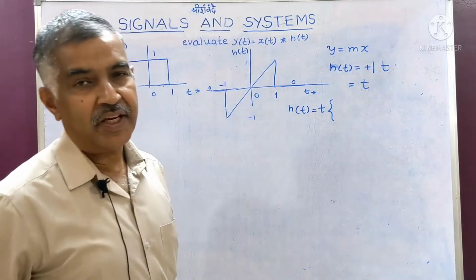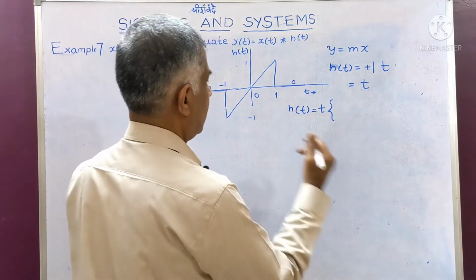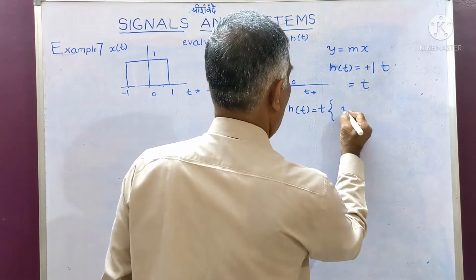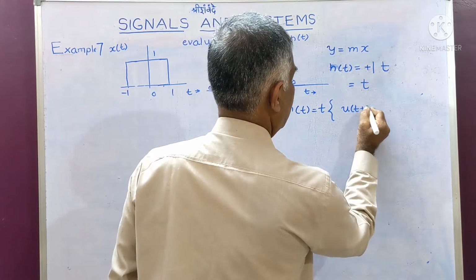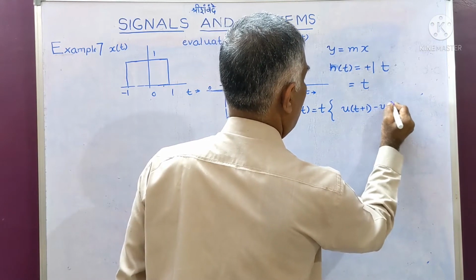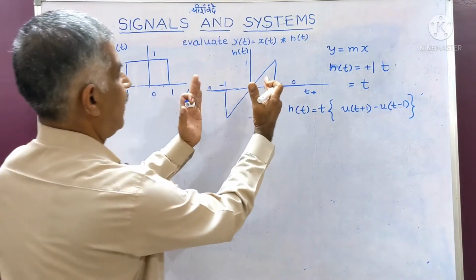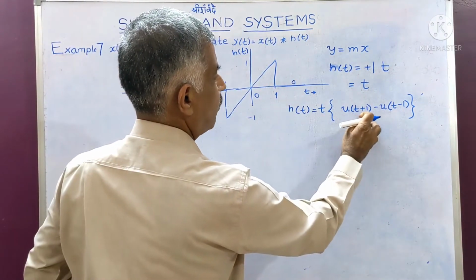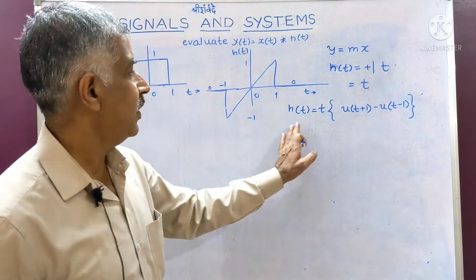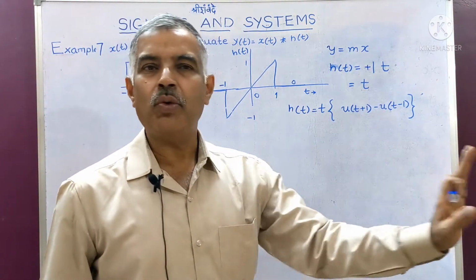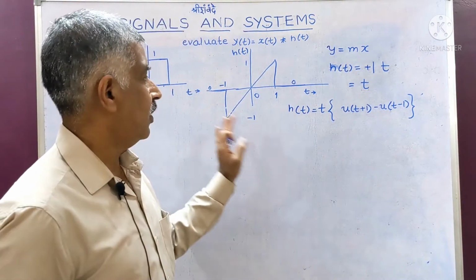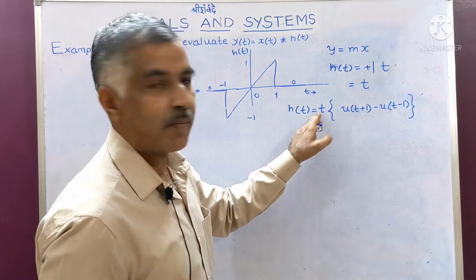The mathematical form is h(t) equals t times u(t+1) minus u(t-1). I have explained this in the gate class. That means I have to introduce a gate between these two. This form has nothing to do with integration; t is important.